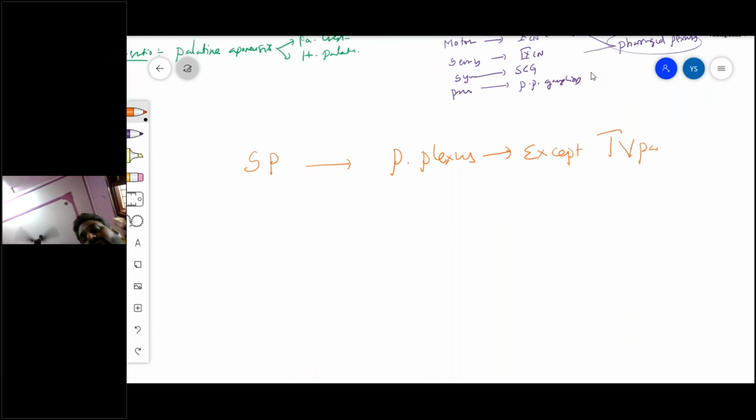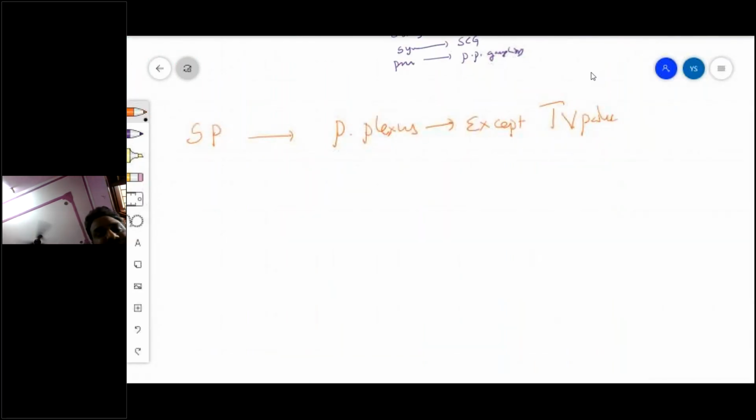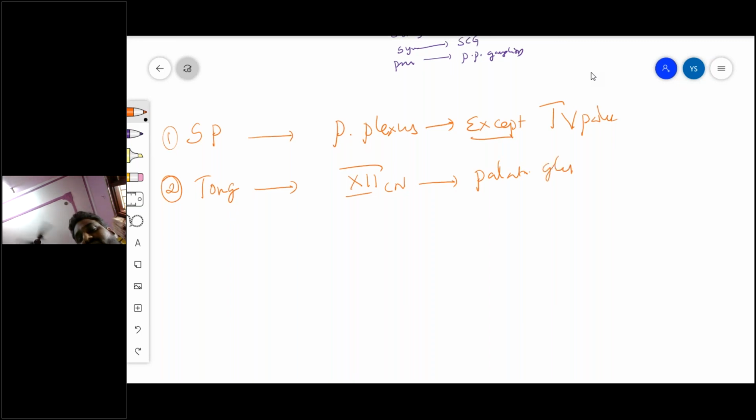Tensor veli palatini. That's the one. Similarly, all muscles of the tongue are supplied by the 12th cranial nerve, hypoglossal, except one muscle. Palatoglossus. Very good. Palatoglossus is supplied by the pharyngeal plexus. ఇప్పుడే చూసాం కదా. Tensor veli palatini is supplied by the mandibular nerve.